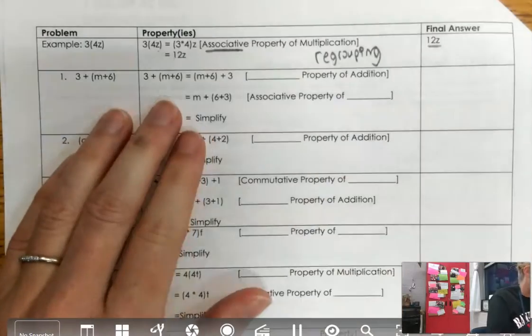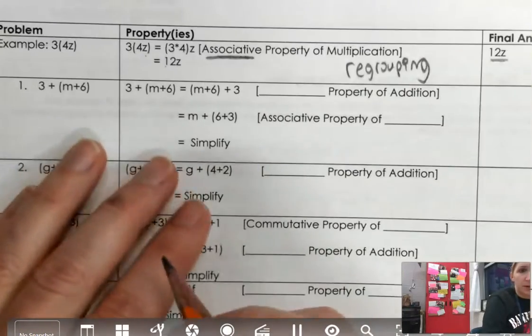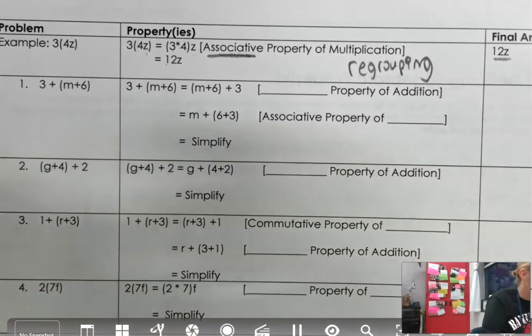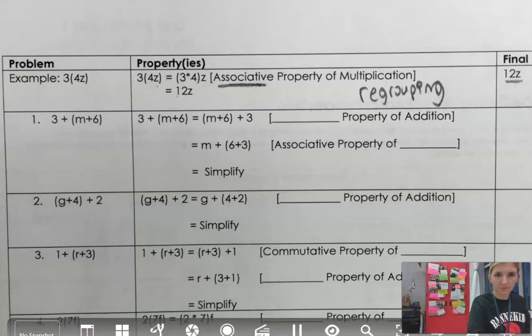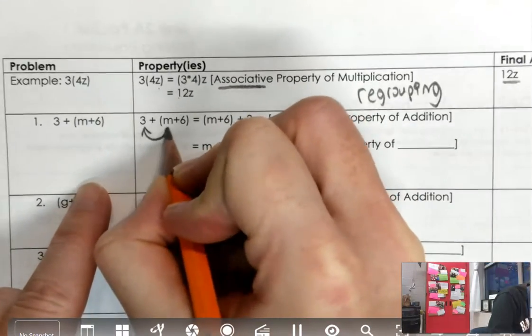So it's the same thing as 12z. All right, so let's look at this here. We have 3 plus m plus 6 is equal to m plus 6 plus 3. So blank property of addition. All right, so all we did was we changed the order.